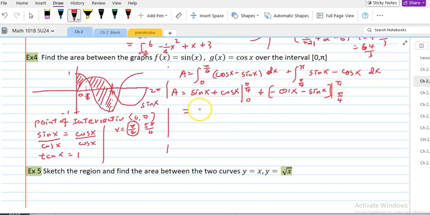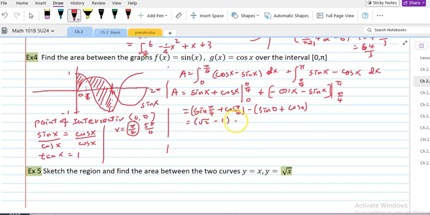So the first one would be sine pi over 4 plus cosine pi over 4, that's root 2 over 2 and root 2 over 2, minus sine 0 plus cosine 0. Cosine 0 is 1, remember. So this would equal root 2 over 2 times 2 minus 1. Okay, so that's the first part.